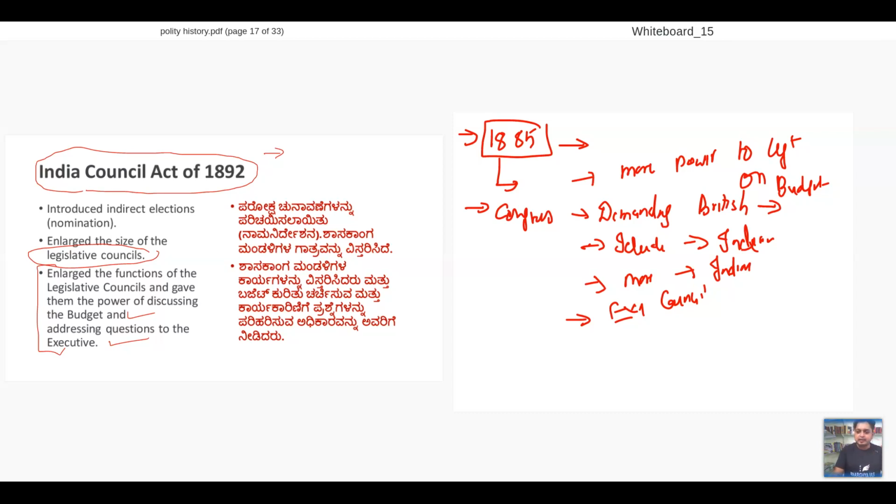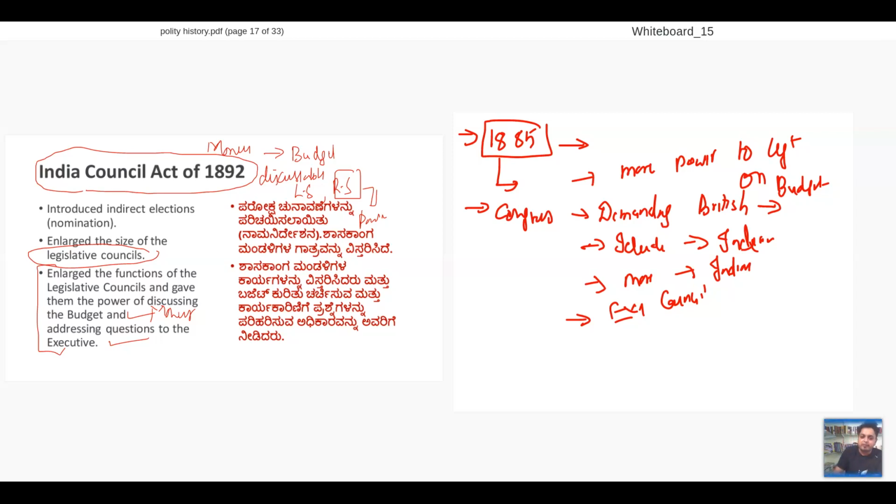In that, isn't budget discussable by Lok Sabha and Rajya Sabha both? But will Rajya Sabha have powers to override the budget? Because budget is a money bill. So budget they meant here is a money bill. So that means Legislative Council didn't have any power on money bill.